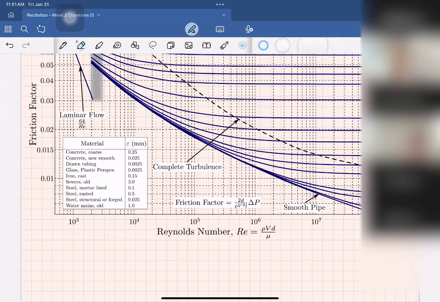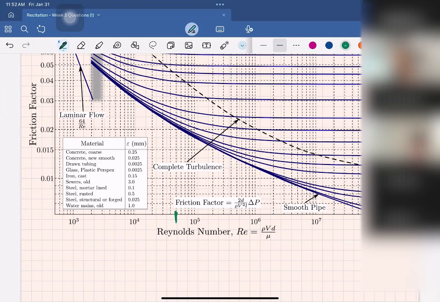And we have 5 times 10 to the power of 4, which should be around here. And on the right hand side, we have 0.008.